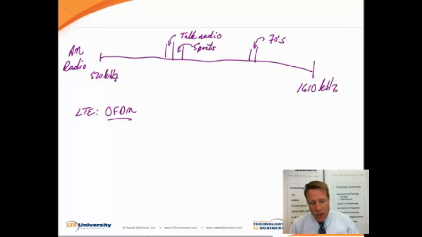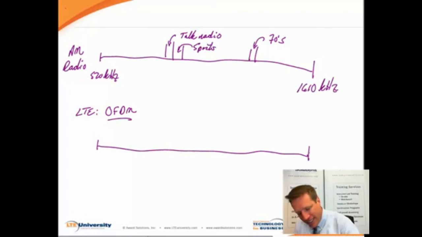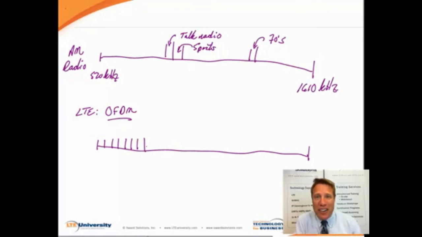All right. So what OFDM does is it takes a band of frequencies and breaks it down into multiple, what we call subcarriers. Okay, multiple channels, much like we did with the radio station. And then each one of these channels can carry a certain set of bits.